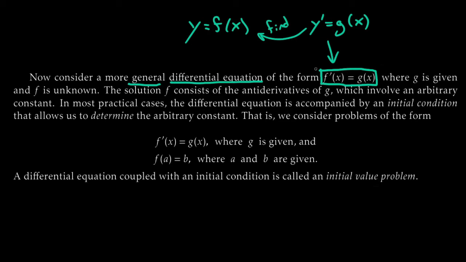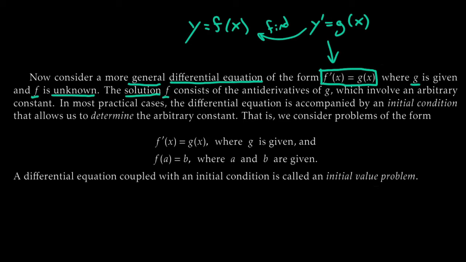This is analogous to how we wrote things when we were talking about implicit differentiation. So if we do things this way, we really can start to see a little bit better what's going on. So here we've got a known function g, this is given to us, and f is unknown. That's what we have to find. That's the solution of the problem.